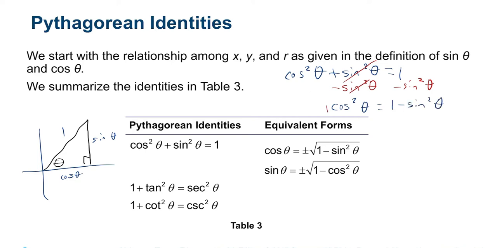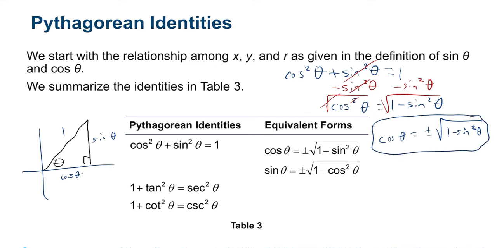And then the final step would be to take the square root of both sides. And that's how they end up with cosine theta equals plus or minus the square root of 1 minus sine squared theta. So whenever you take the square root of both sides of an equation, this plus minus always gets introduced, so be careful not to forget that. All right, and the same goes with solving for sine. So that's where these two come from.